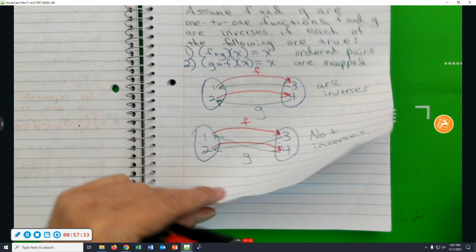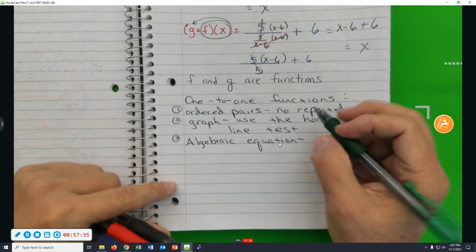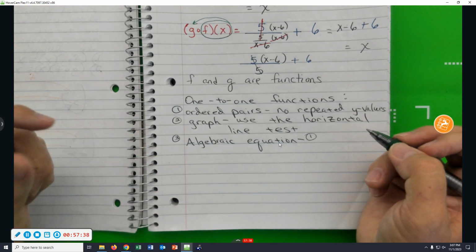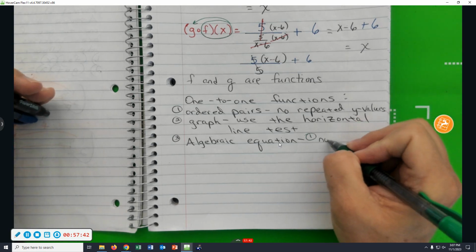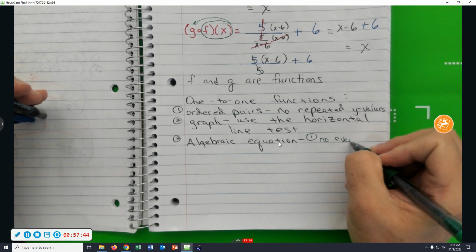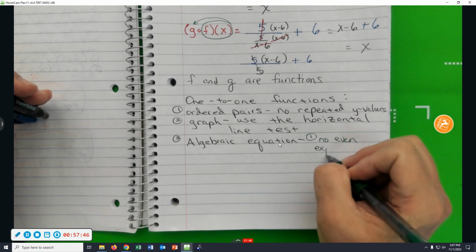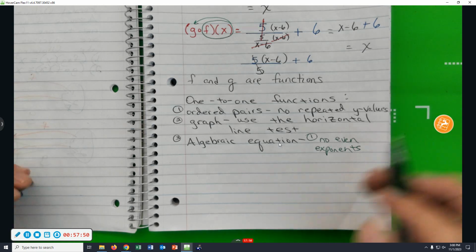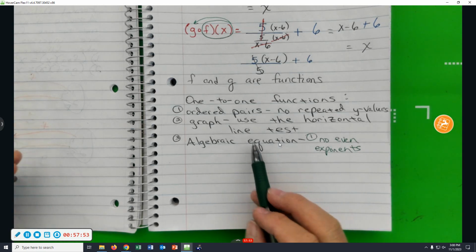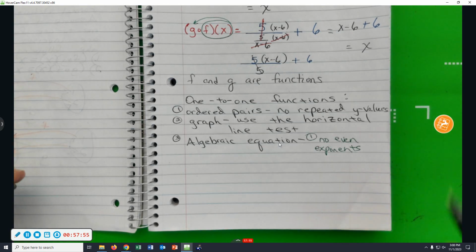So U's, but we graphed one or two V's. What were those V's? Do you remember when you had a V? No even exponents. If it's an algebraic equation and it's one-to-one, it can't have even exponents.